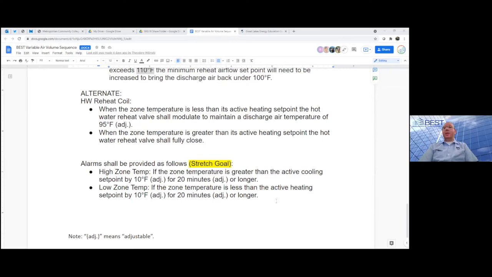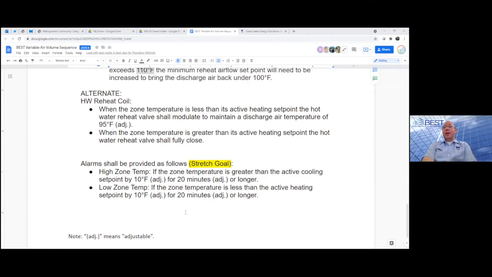This is something you're going to run into in every commercial building that has zone control, at least hopefully, to some extent. We've gotten so hot that we're way out of range, and somebody needs to address it. We've gotten so cold, we're way out of range, and somebody needs to come address it.